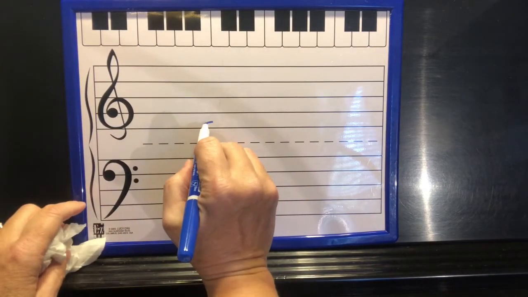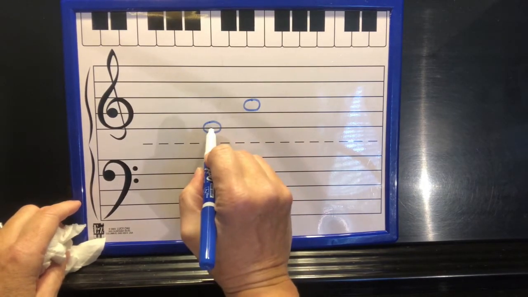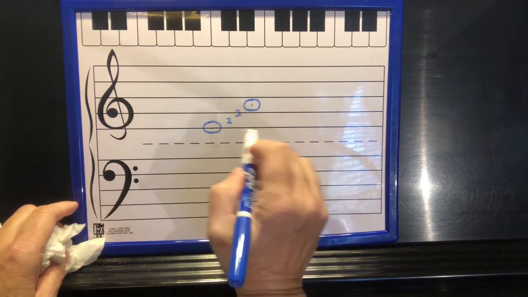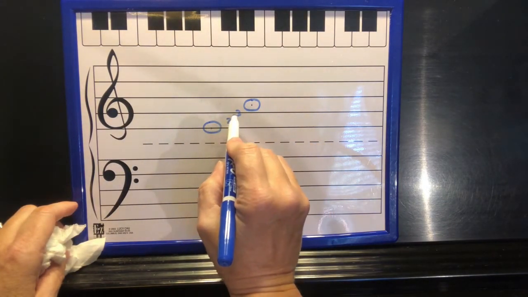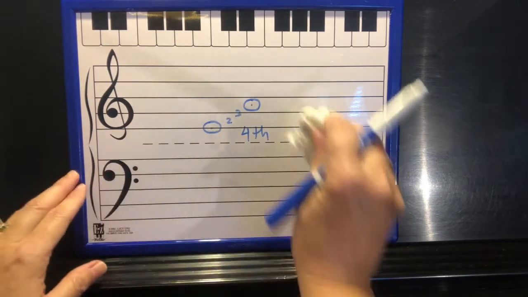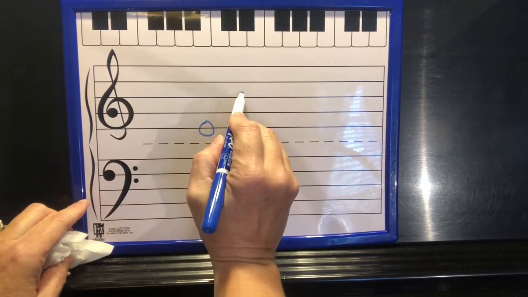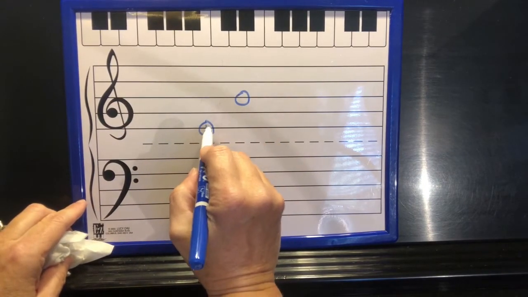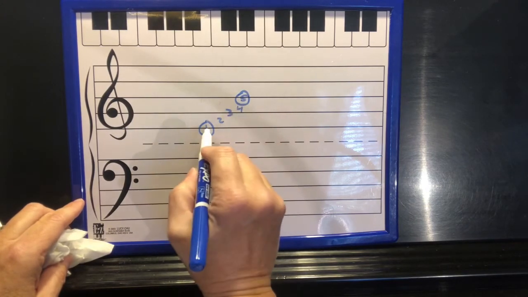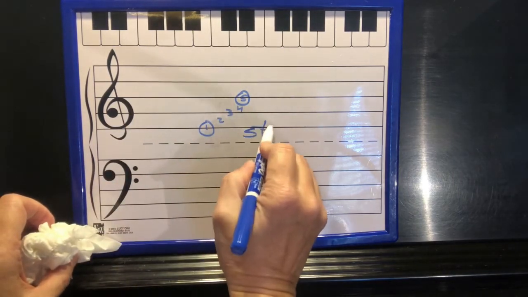Here's a fourth on the staff. 1, 2, 3, 4. Line, space, line, space. Makes up the interval of a fourth. Here's a fifth. 1, 2, 3, 4, 5. Line, space, line, space, line. This is a fifth.